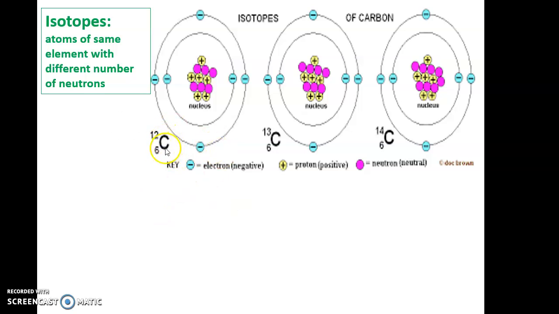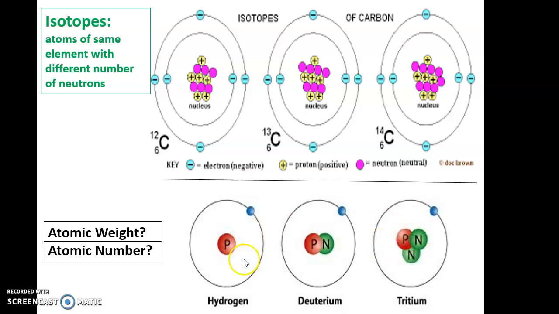So for instance, carbon-12 has 6 protons because it is a carbon, and carbon-12 would therefore have 6 neutrons. So 6 neutrons, 6 protons in its nucleus. Carbon-13 would have 6 protons and 7 neutrons, and carbon-14 would have 6 protons and 8 neutrons. These are all naturally occurring isotopes of carbon.